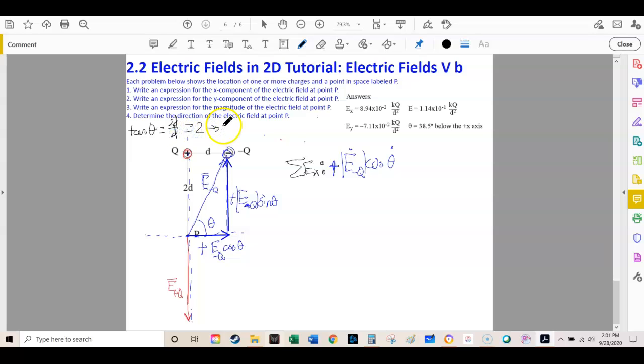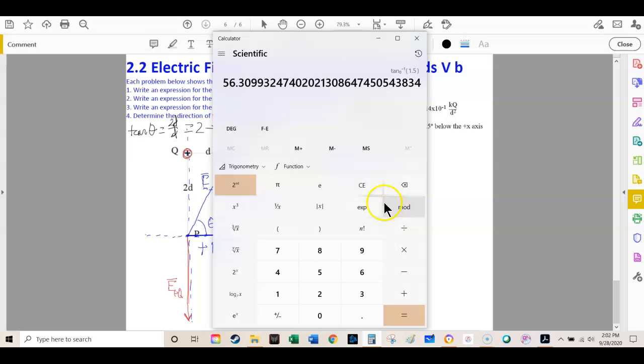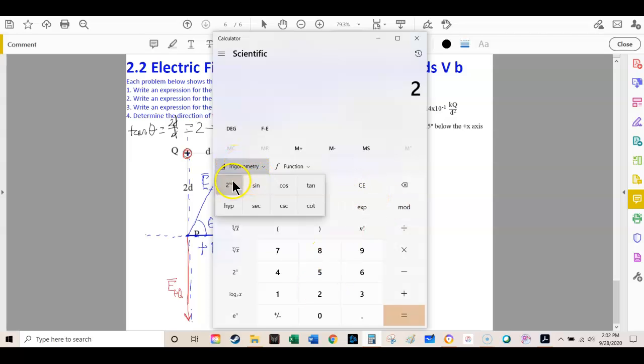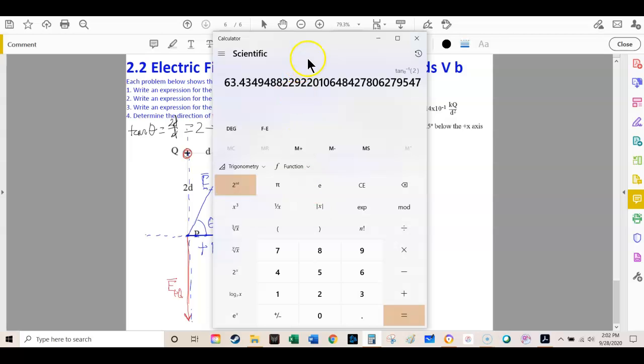So theta is going to be the inverse tangent of 2, and I'm going to use my handy dandy calculator here. If I do 2, second function, inverse tangent, that is going to be 63.43 degrees.